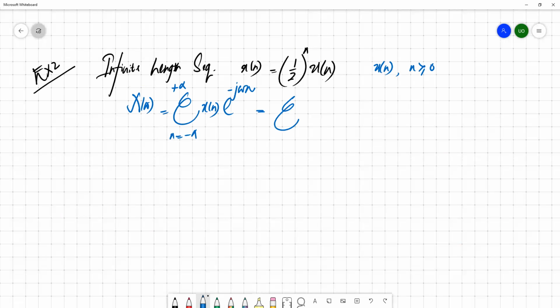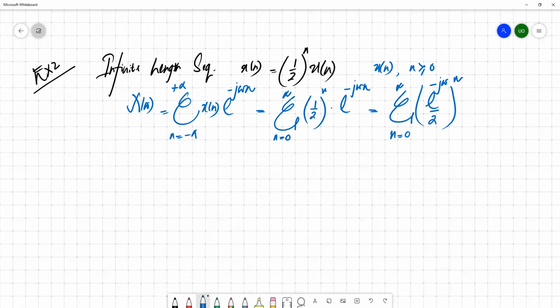So the summation can be simplified to n equals 0 to infinity. x[n] is now (1/2) to the power n times e to the power minus j omega n. If you further simplify it, absorbing the half into the term, you have the sum from n equals 0 to infinity of (e to the power minus j omega divided by 2) to the power n.